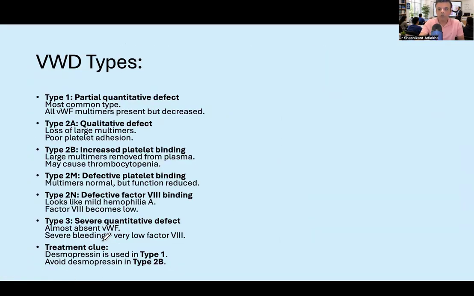Now coming to the types of von Willebrand disease. The most common is type 1. This is the overall most common type. Here there is a partial quantitative defect of all the multimers, the large multimers, the small multimers, everything is mildly decreased.